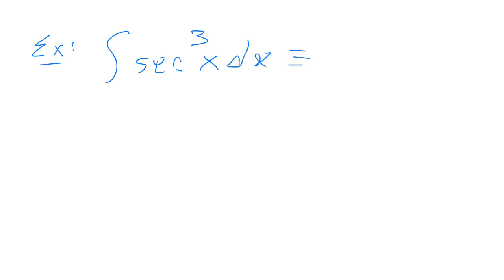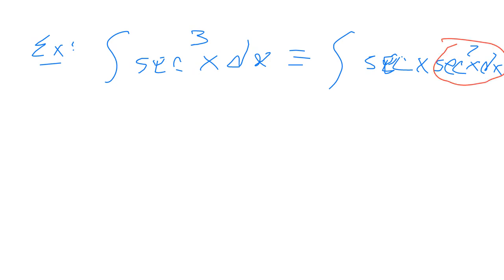I want to rewrite this and pull out a secant squared, and since that will be dv, I'll put it at the end. What's left is secant to the 3 minus 2, so secant to the first x, times secant squared x dx. This one I'm going to let be dv, and this one I'm going to let be u.